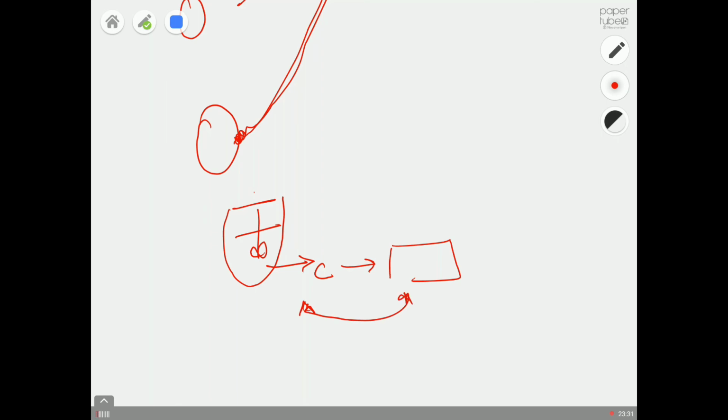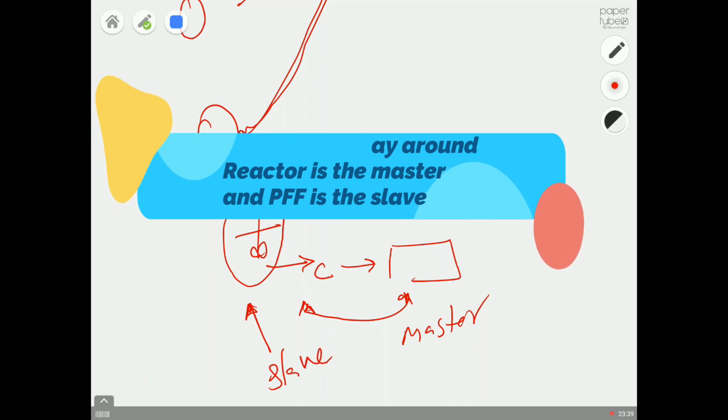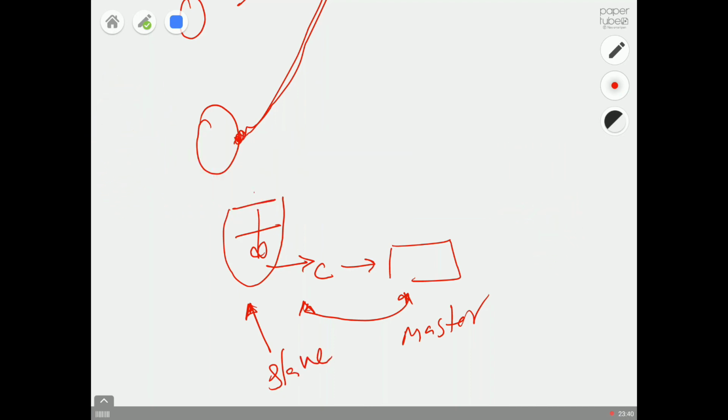We call the plate and frame filter the master, and we call the reactor the slave. So the plate and frame filter we will switch on only at the end of the reaction which is happening in reactor 1, or we can call it unit operation 1.